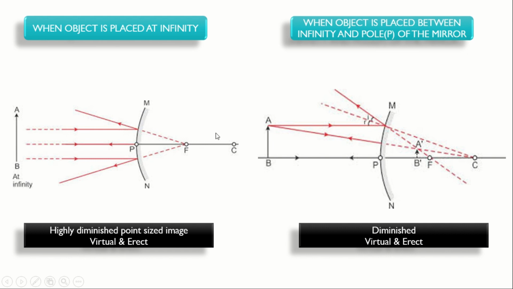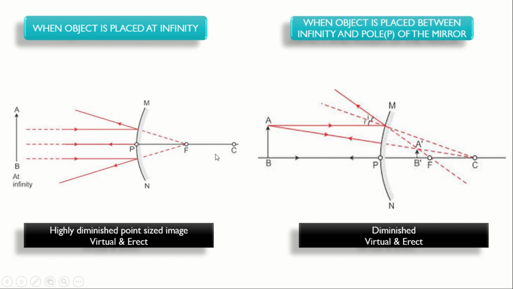In the case of a convex mirror, the image will again be highly diminished, meaning you can't properly see it. It is highly diminished, virtual and erect, meaning a very small sized image will be formed. So this is the explanation of both image formations in the case of a convex mirror.